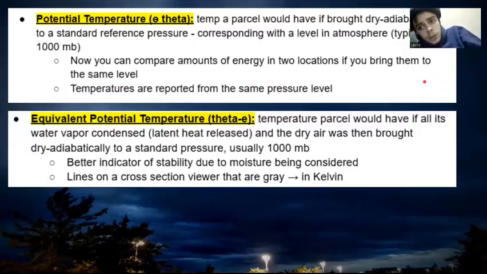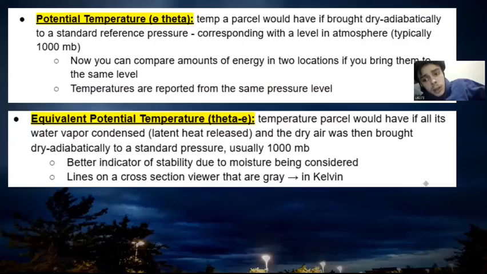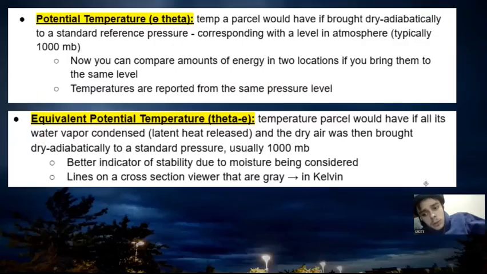Now, there's two other temperatures that we want to talk about, which is potential temperature and equivalent potential temperature. So potential temperature is represented by theta, and it's the temperature a parcel would have if it was brought dry adiabatically to a standard reference pressure, corresponding to a level in the atmosphere, which is typically 1,000 millibars.